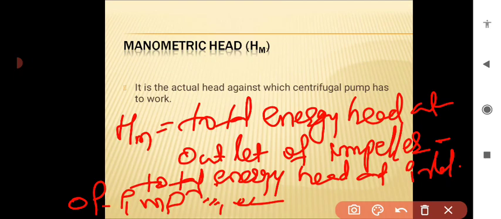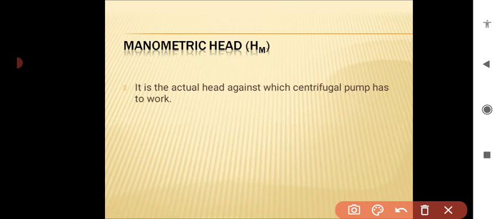This is another form of manometric head: total energy at outlet of impeller minus total energy at inlet of impeller.